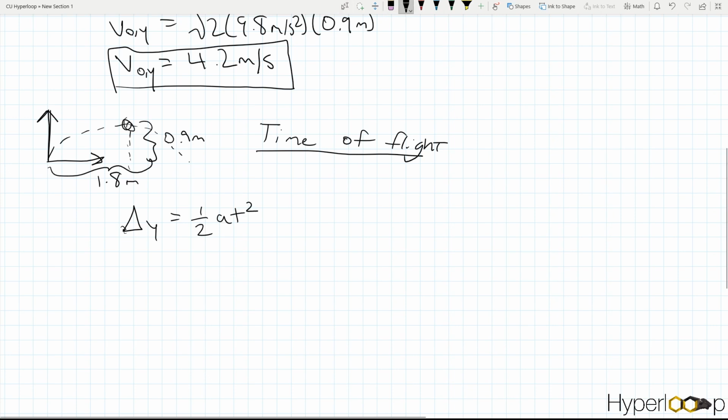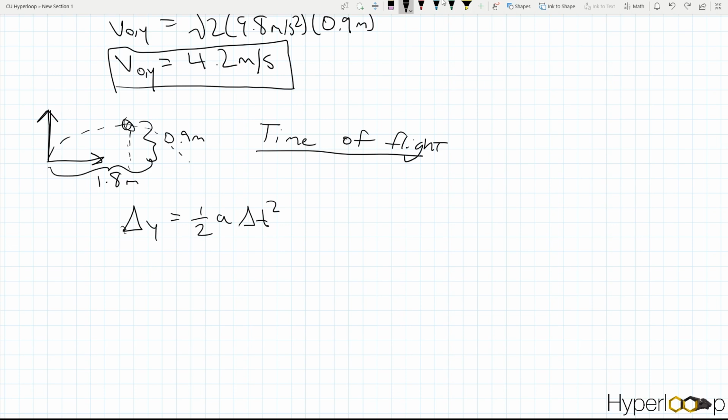And I suppose that should actually be delta t squared to be more precise. So the delta here and the delta above is just referring to the change in that variable. So we're talking about the y final minus the y initial, and the time final minus the time initial.